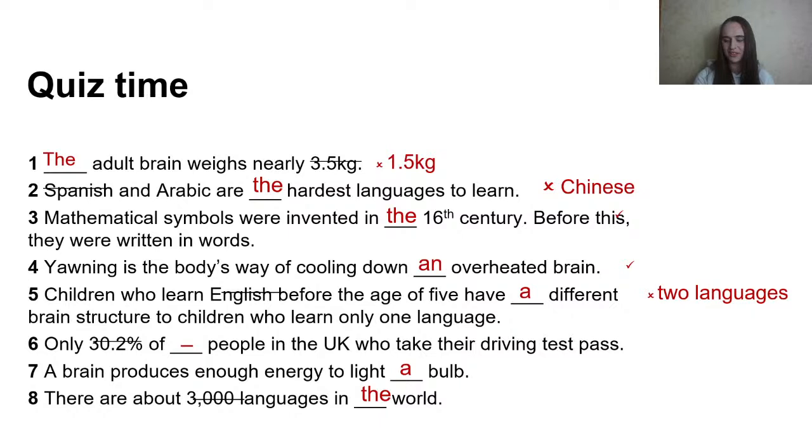I cannot see your answers, perhaps. You're thinking of that. 70, 20, 50. So only 50.2% who take their driving test in the UK pass. It's like half of all the citizens. So the next one is correct.